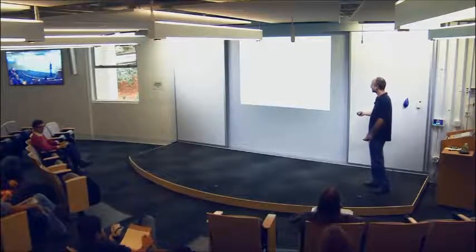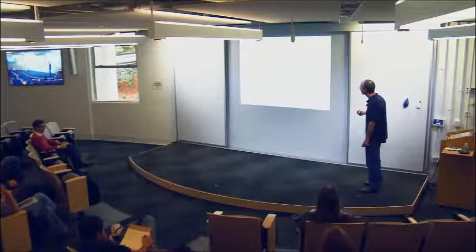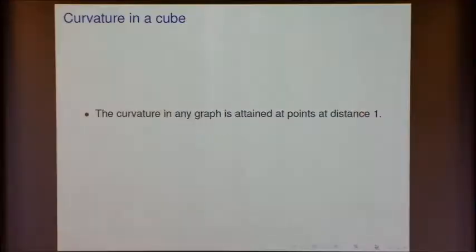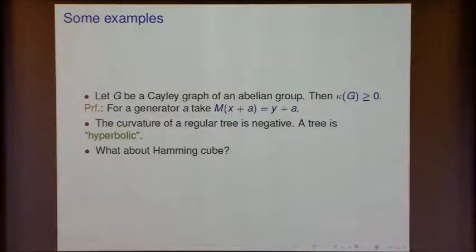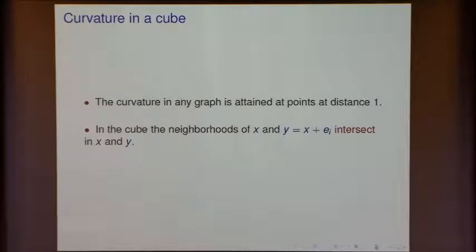Okay. Right. So what about curvature in the cube? What about the Hamming cube? The curvature is attained at points of distance 1, and in the cube, the neighborhoods of any two adjacent points, x and y, intersect exactly in x and in y. I can't draw it for some reason.